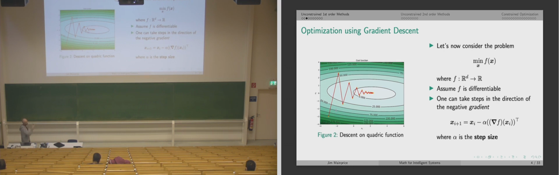Okay, so the gradient is telling us what is the direction of maximum increase. So if we're here, the gradient is telling us this direction here is the direction of maximum increase. So that's why we descend the gradient. We flip the sign, and that tells us the direction of maximum decrease, and we just apply a step in the direction of the negative gradient.